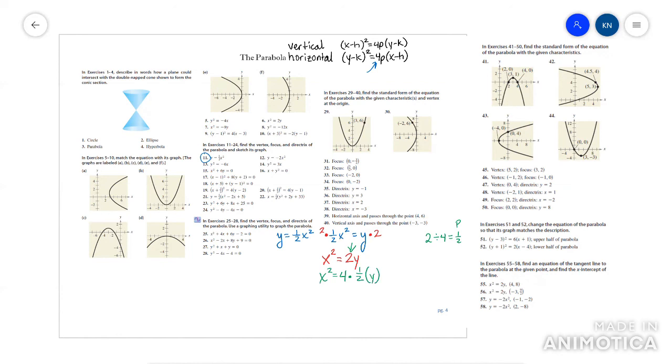And so once I knew this, I'd say, okay, there are no shifts for h or for k. That means my vertex is (0, 0). It opens up. I know that because it's an x squared, meaning it is vertical. And my p-value is positive 1/2, so it has to open up.